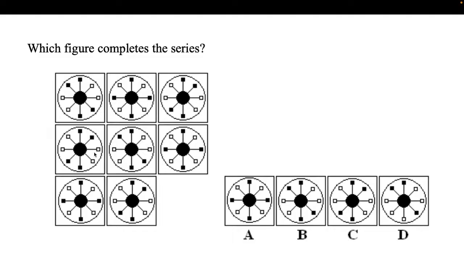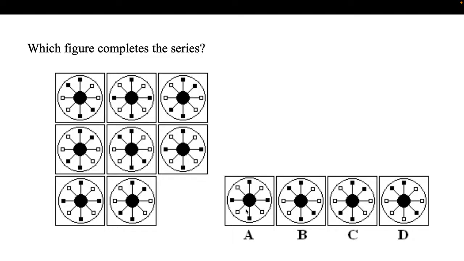Here again we have the horizontal pattern, then a diagonal pattern, again another diagonal pattern but reversed, and the horizontal-vertical pattern. So we have the horizontal and vertical pattern, and a diagonal pattern here, so we are expecting to see another diagonal pattern. So these ones should be the black ones. So this would be the right answer.